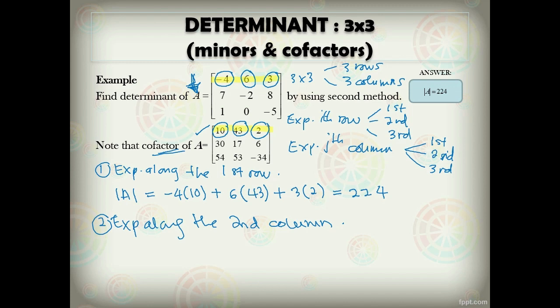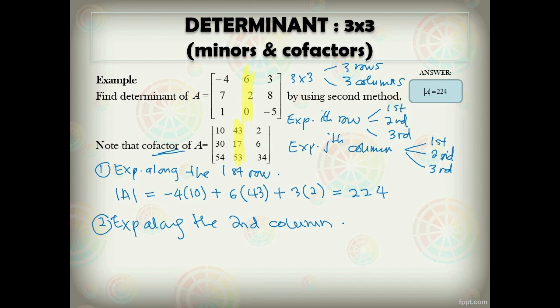We mark down where our second column is in the matrix A and in the cofactor A. Our second column for matrix A is this. This is our second column. And the second column for cofactor A is this. So we'll do the same step.